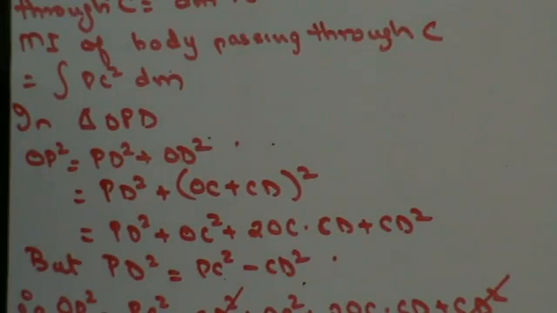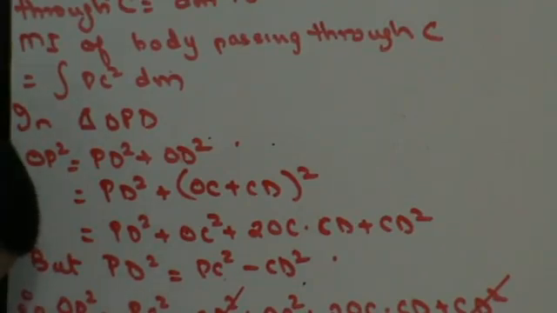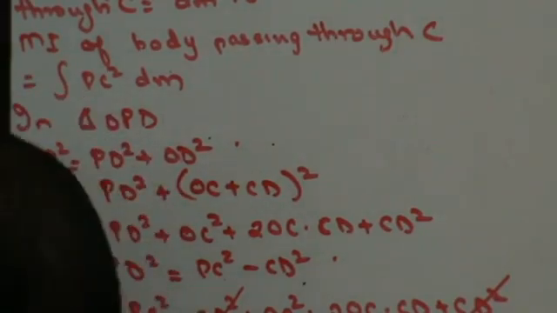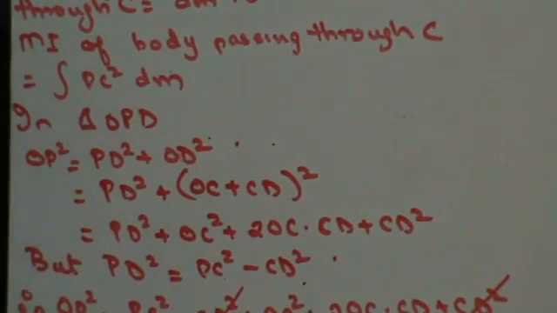In that case, I will get IO is the integral of PC square dm plus R squared dm plus 2R CD dm. I have substituted the value of OC as R. Now, I can therefore say integral of dm.